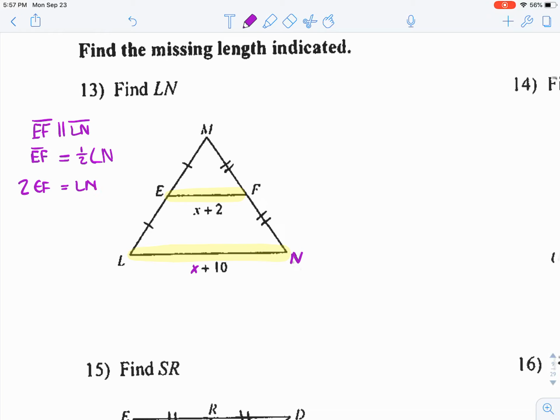This is going to help us set up and solve. 2 times EF, well, EF is x plus 2, equals LN. LN is x plus 10. We distribute that to 2x plus 4 equals x plus 10. Solve for x.